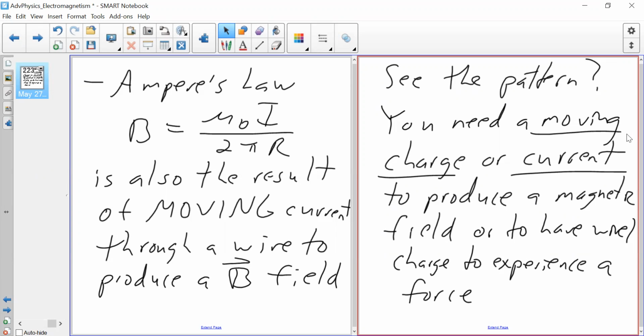Moving charge, something's moving. We're moving currents or charges. What if I move fields? Moving charge or current to produce a magnetic field, or to have a wire or charge to experience a force.